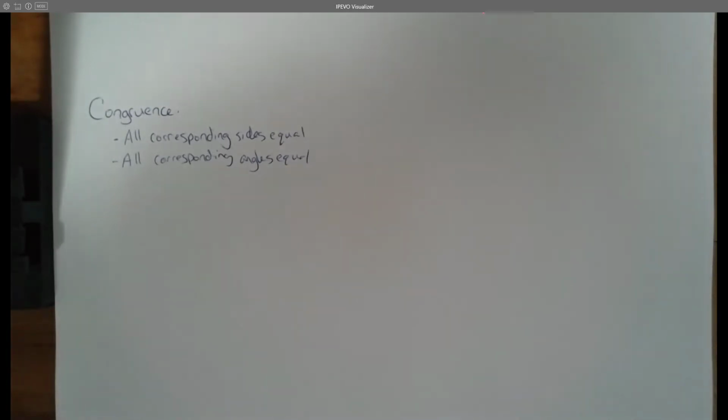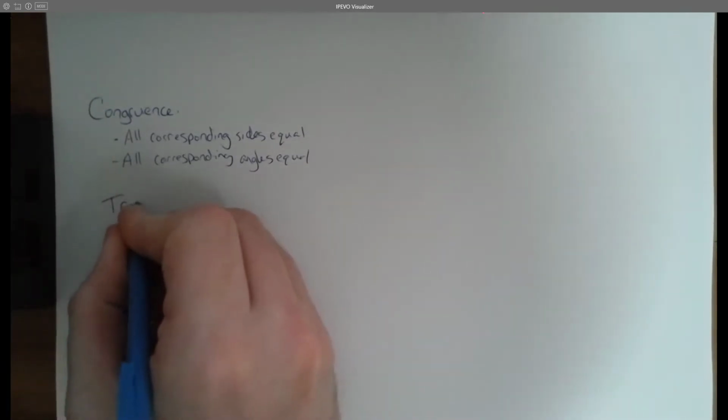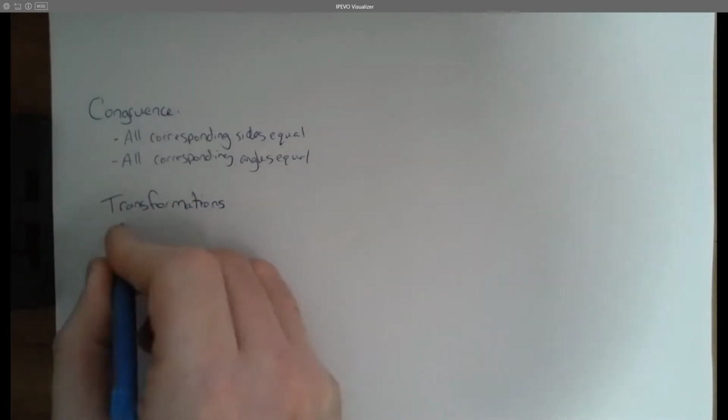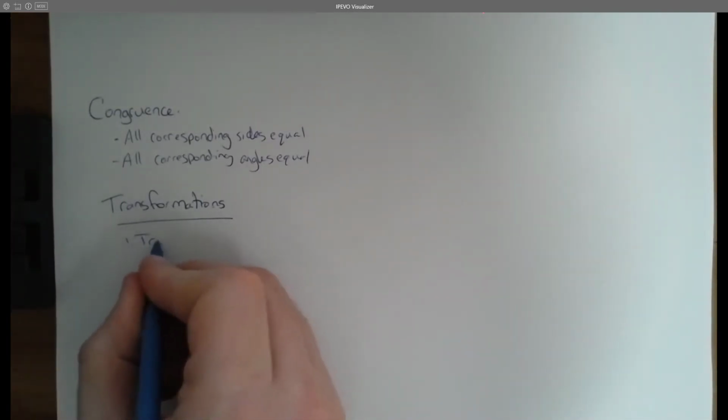Now there are three main things that we talked about that we can do to congruent shapes, things that we call transformations that still keep them being congruent. The very first one was a translation.